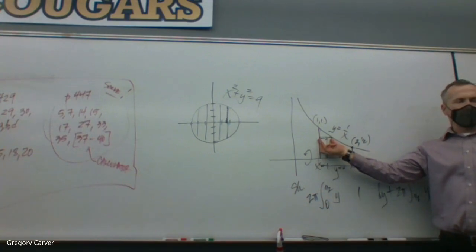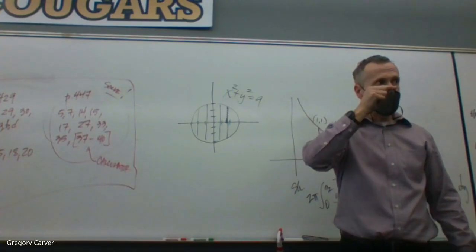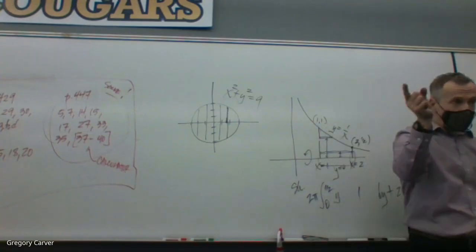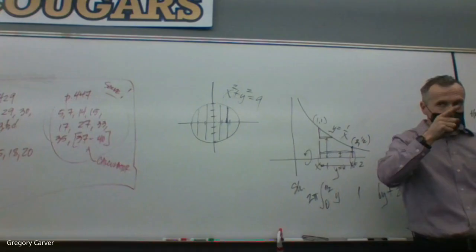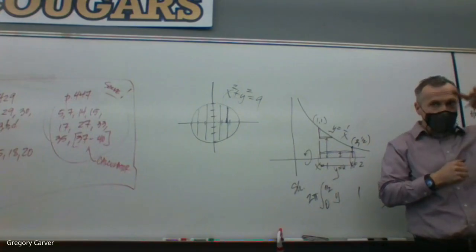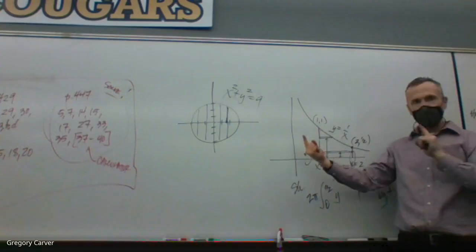Let me back up. Skylar, do you need subtraction for this? Yes. You know you need subtraction. The minute you realize you need subtraction, if you're measuring this direction, it's right curve minus left curve. If you're measuring this direction with subtraction, it's upper curve minus lower curve. This has got to be rightmost minus leftmost.